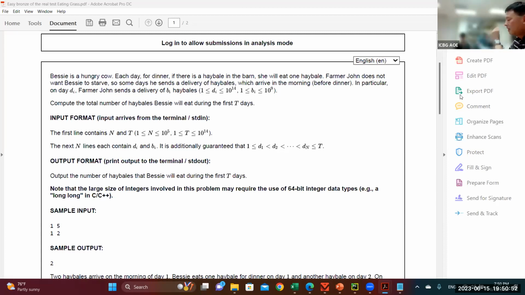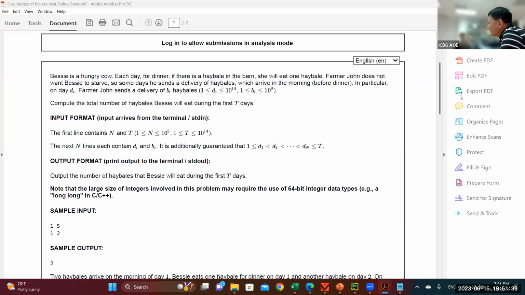Okay. So let me talk about two possible solutions, and you see if it makes sense. One solution is that with the input, you can quickly find out how many hay bales in total have been delivered, right? Is that easy to get? Because you just calculate it, add them together.